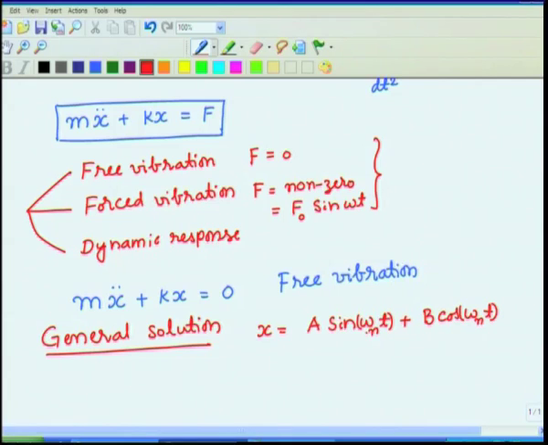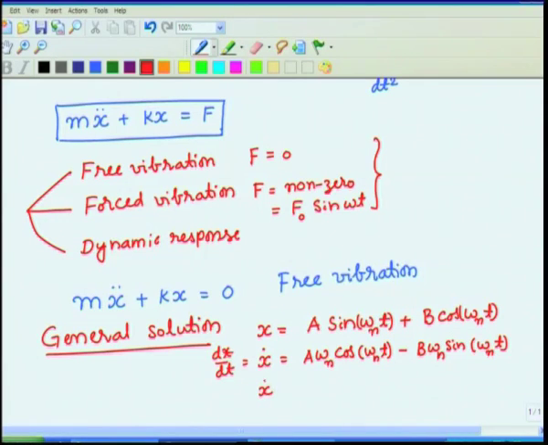In order to see what this omega n is, let us take the derivative of x. x dot, which is dx by dt, will become a omega n cosine omega n t minus b omega n sin omega n t, because the derivative of sine is cosine, whereas the derivative of cosine is minus sine, and omega n also gets multiplied.